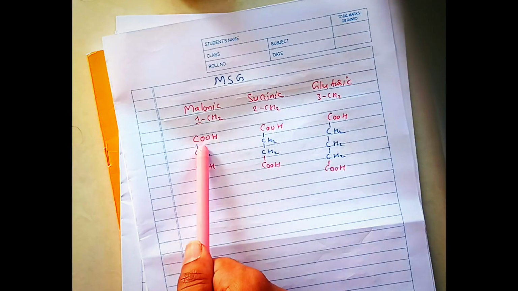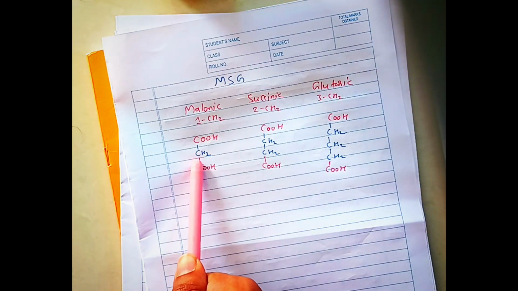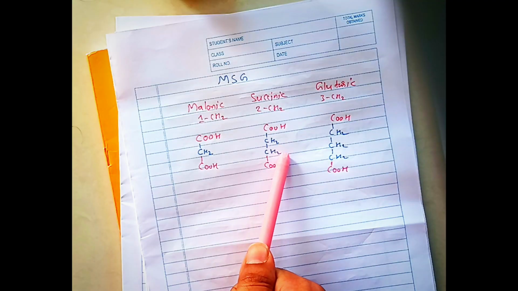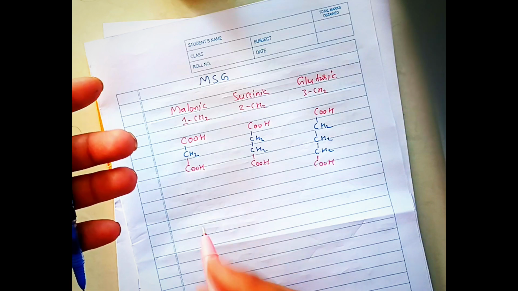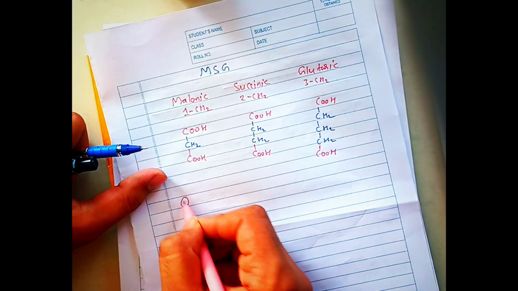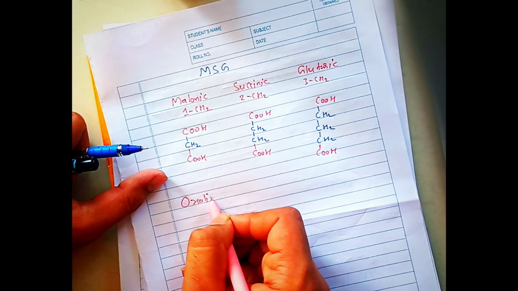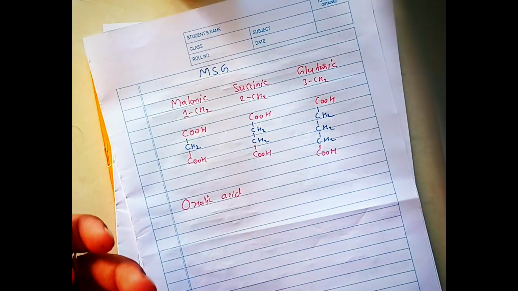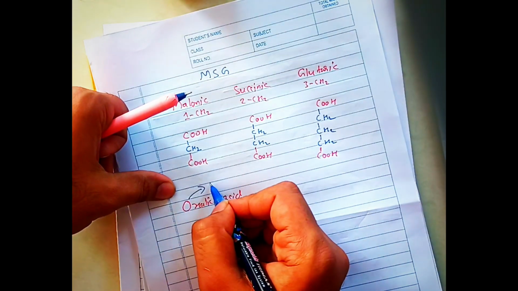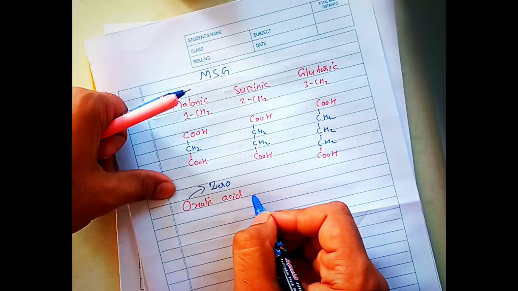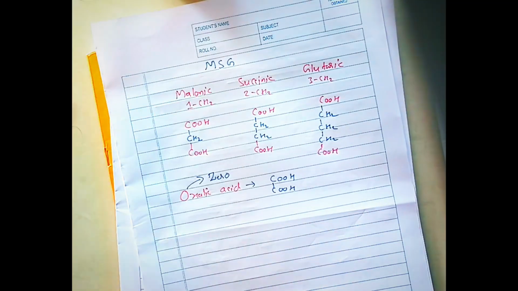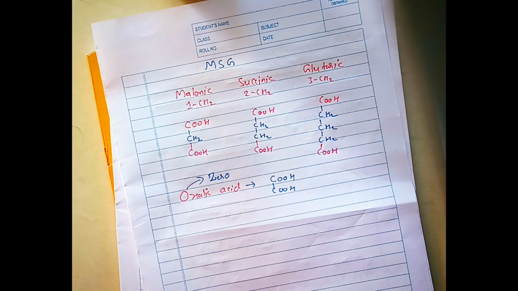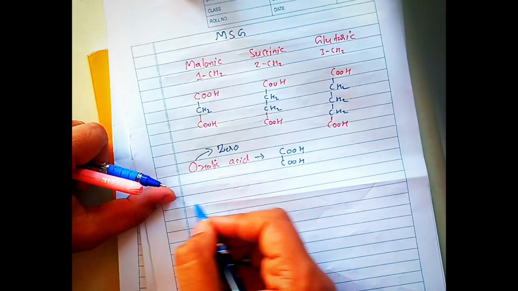So for malonic acid you add only one CH2, for succinic acid you add 2 CH2, and for glutaric acid you add 3 CH2. And if they ask for oxalic acid, it will indicate 0, means it will be COOH and COOH.